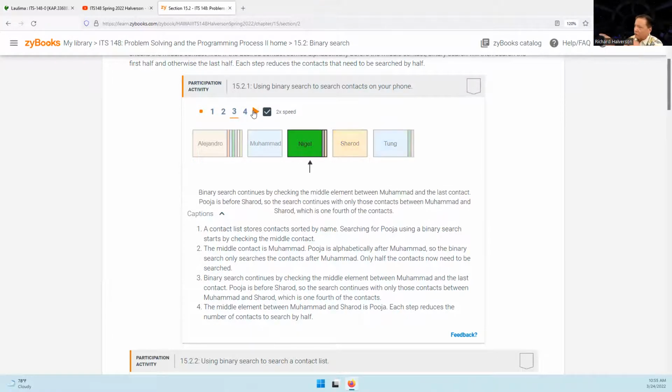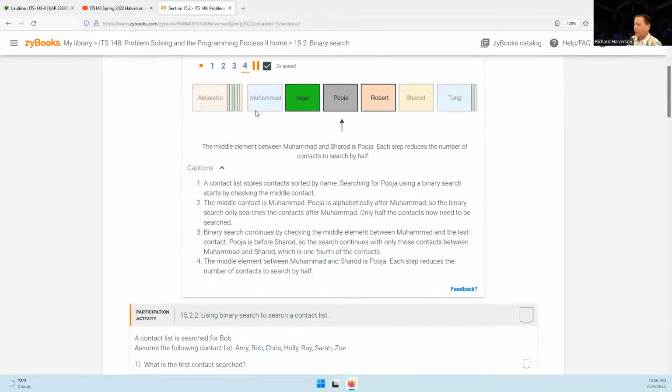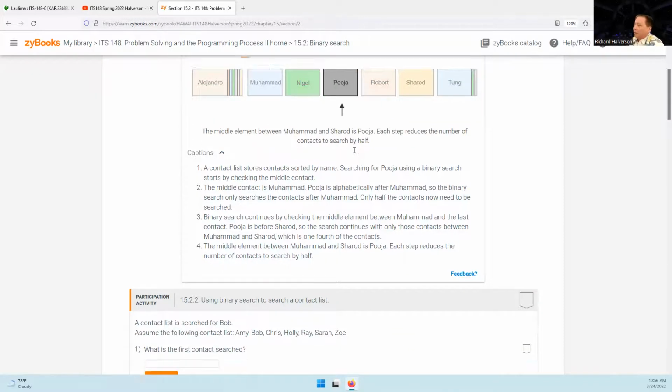The middle one is Sherrod, and it's between Sherrod and Nigel. Split this one into two, and this is a quarter of the list, and we keep on going until we find it.